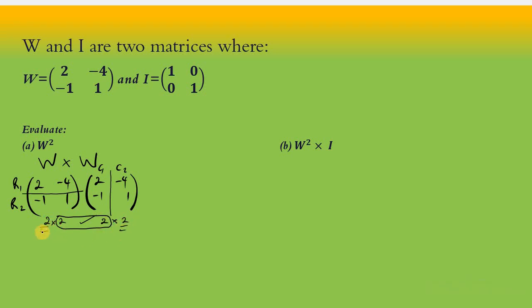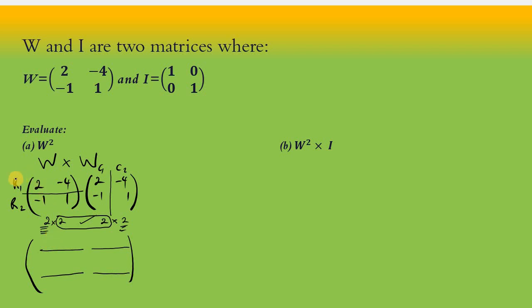And so we'll get a matrix with 4 entries as the result. So the matrix will pretty much look like matrix W.